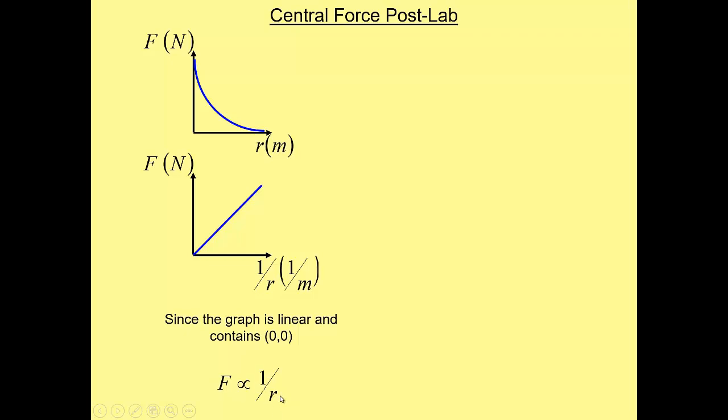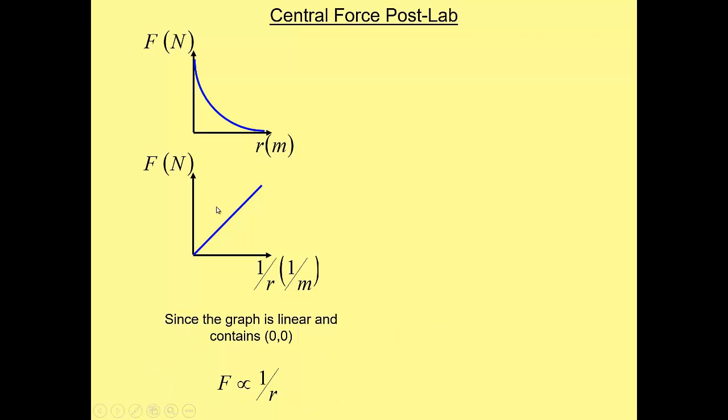Or you could use the magic word, and you could say force is inversely proportional to the radius. So it's either inversely proportional to the radius or proportional to 1 over the radius. Don't use inverse and 1 over in the same sentence, or it's like a double negative. It cancels itself out. So it's either inversely proportional to radius or proportional to 1 over the radius.